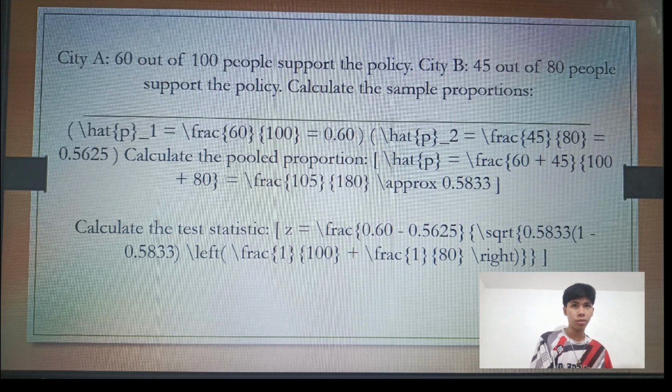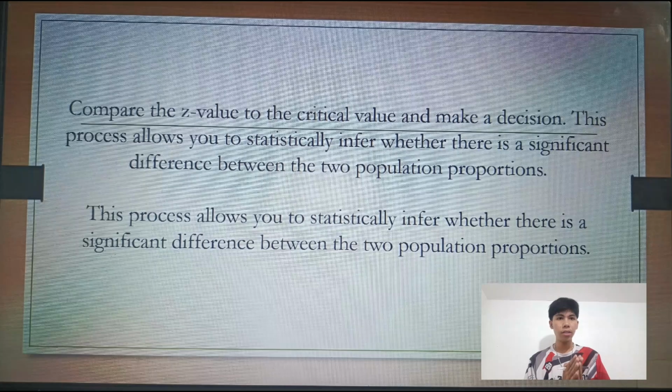Calculate the sample proportions, and this is how you calculate it. Calculate the pooled proportion and calculate the z-statistic. Next is to compare the z-value to the critical value and make a decision.